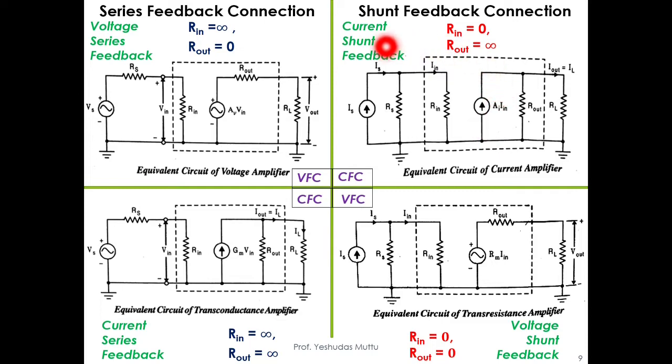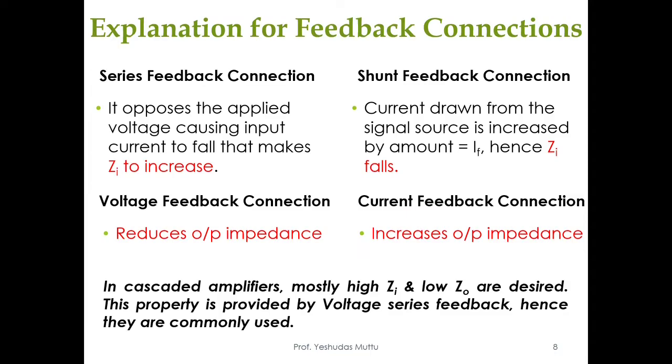Over here, coming to the current amplifier, have a look at the output. Again, that's going to tell you the first term. It is current. So that is the reason you have current. Look at the input side. It is the current source in parallel. So it's nothing but the shunt feedback. So it's a shunt feedback, and also it is a current connection. In case of shunt feedback, what is the input impedance? It is less.